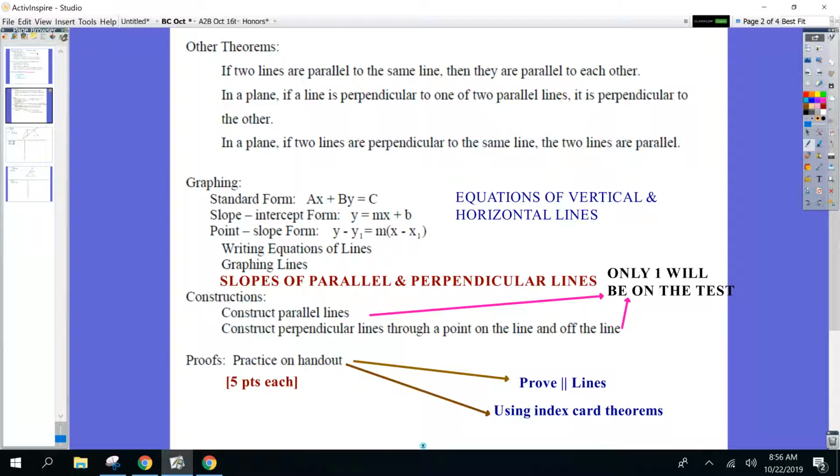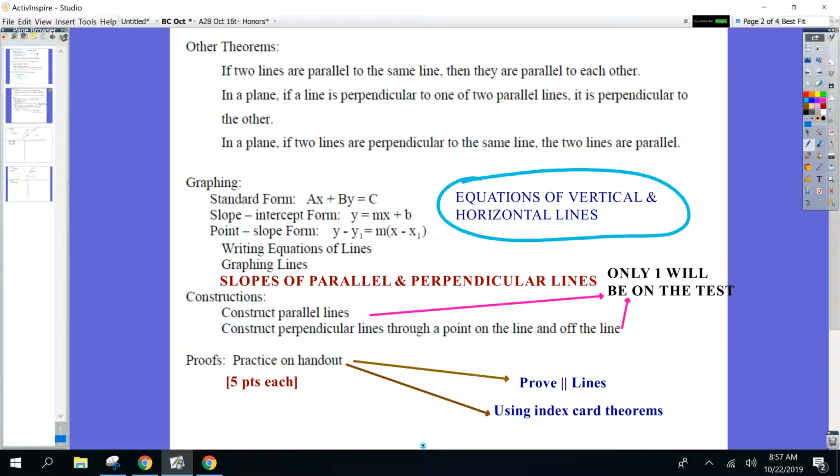Just a reminder of the three different ways to write equations of a line: standard form, slope-intercept, and point-slope. Do me a favor, please. Somewhere around that area on your packet, make sure you write in equations of vertical and horizontal lines. Make sure you can identify the equation of a horizontal line and the equation of a vertical line.